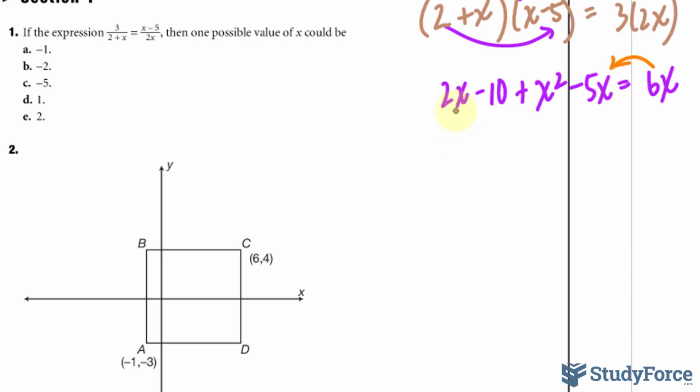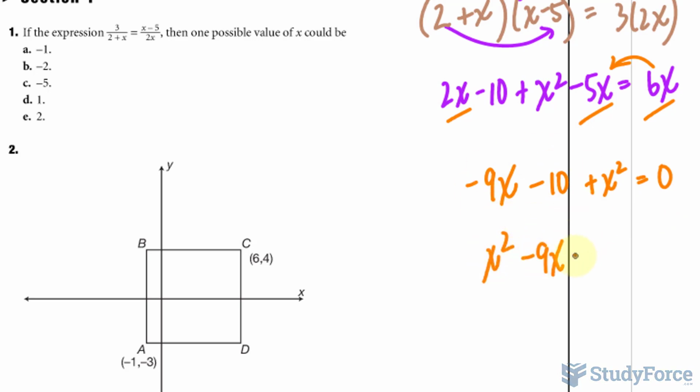I have 2x will combine with that and will combine with the negative version of that. So 2 minus 5, we combine the coefficients. 2 and minus 5 is negative 3. Minus 6, that's negative 9x, minus 10 plus x squared is equal to 0. I'll rearrange this so that I have x squared first, minus 9x, minus 10.